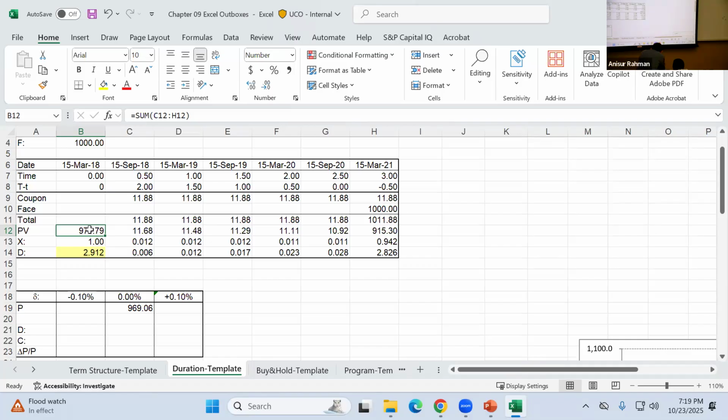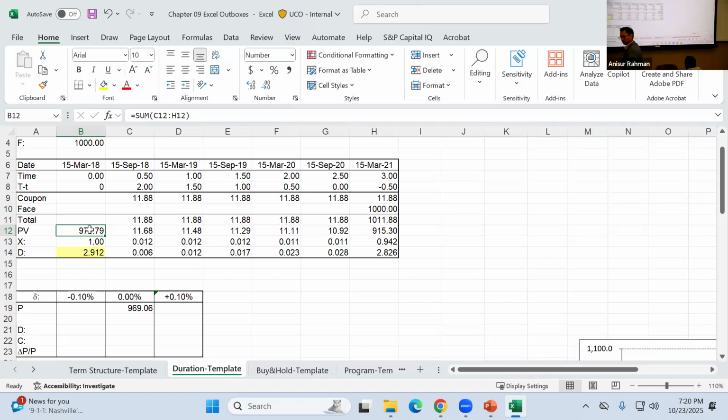We have 996. This is 969. So it should not be. Let's see, oh, this should be minus 0.10%, okay? We'll go to duration.